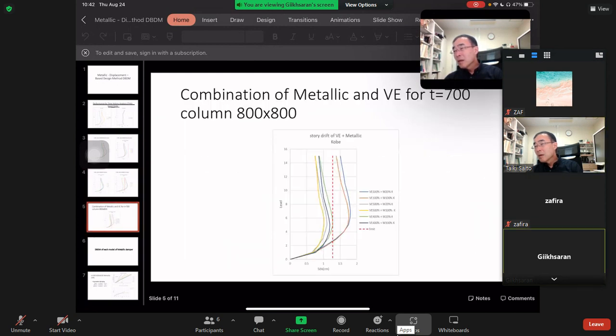So this slide is a combination of metallic and viscoelastic damper, just only wall thickness 700, column 800.